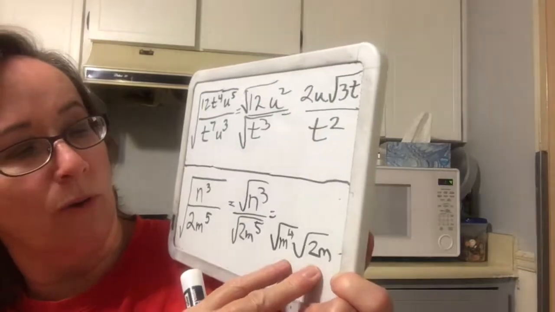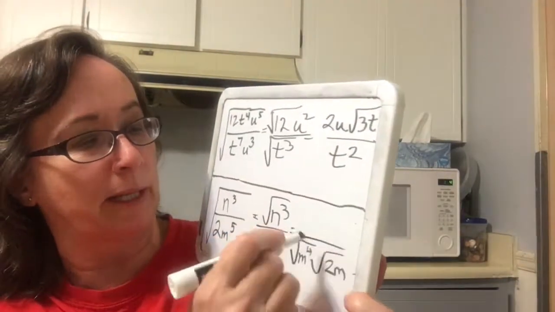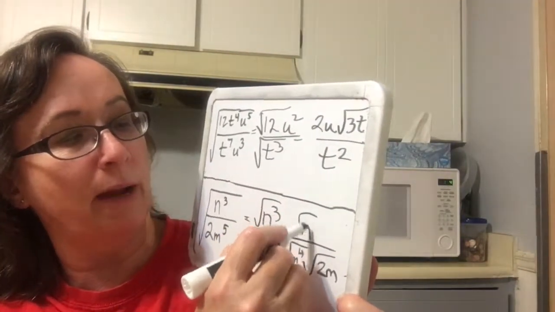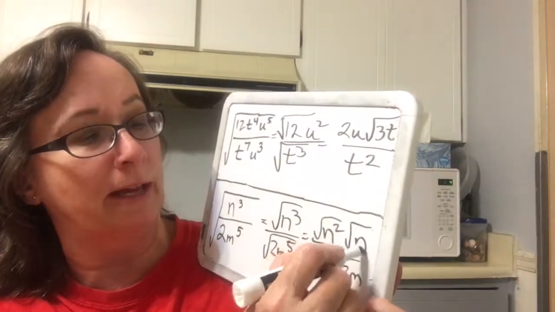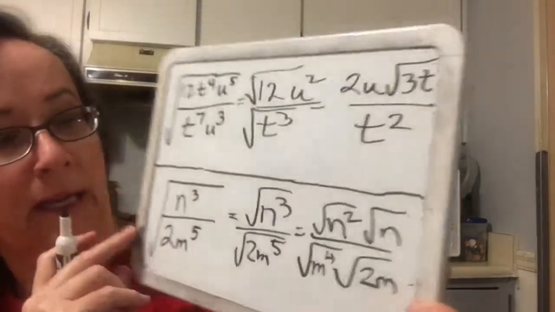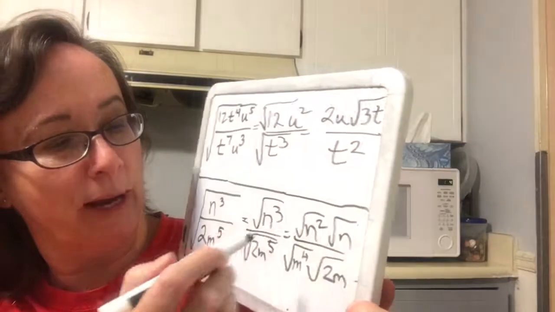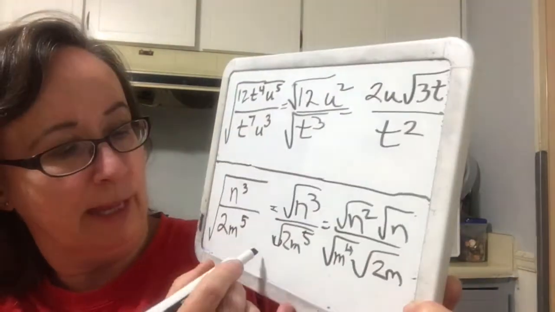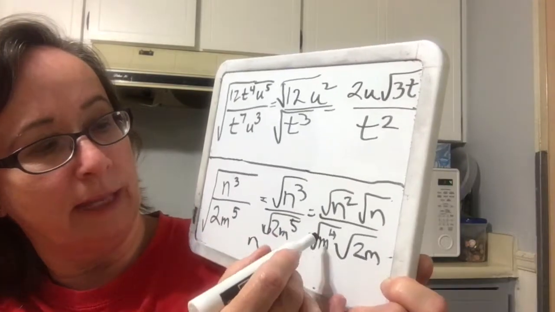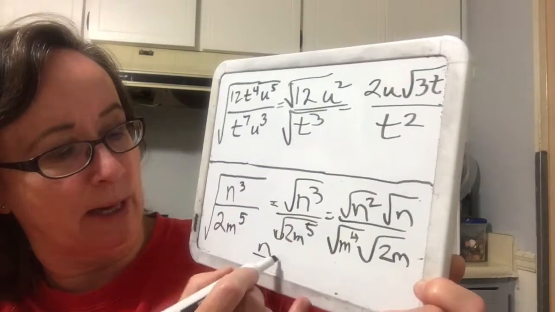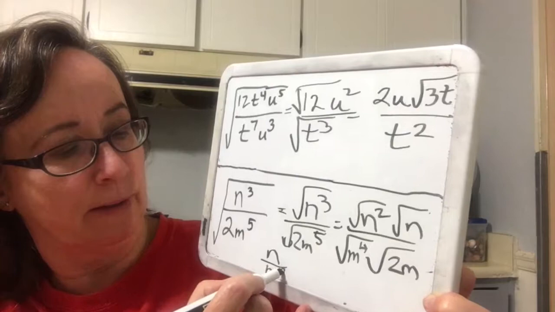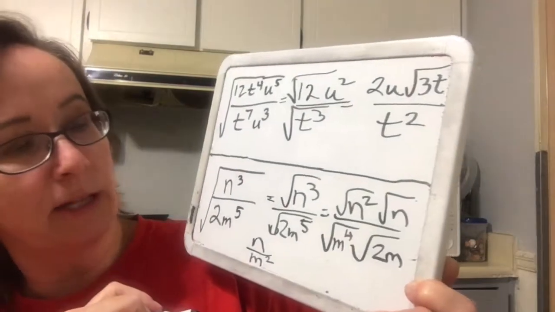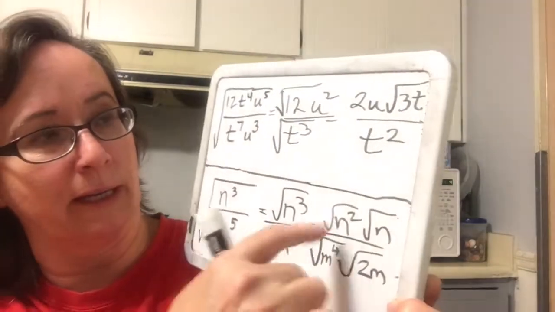Okay, so the numerator can also be split up. Square root of n squared is perfect and square root of n left over. Okay, so now the square root of n squared becomes an n, and the square root of m to the 4th becomes an m squared. And then I've still got to deal with this right here.